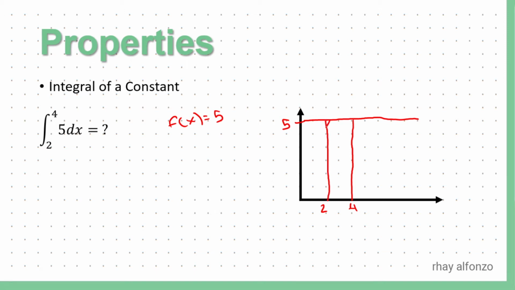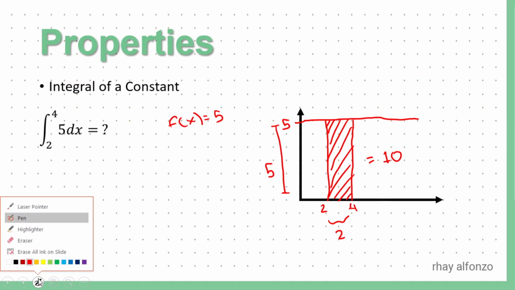What we are essentially getting when doing definite integrals is the area of this shaded region. The length of this area is 2 and the height is 5. So what we should get after doing the definite integral is 5 times 2, or just equal to 10.